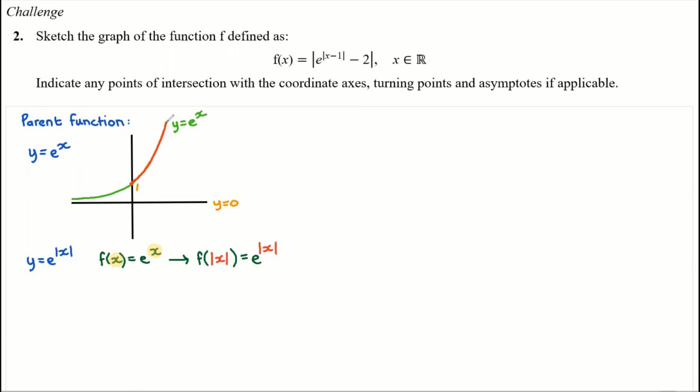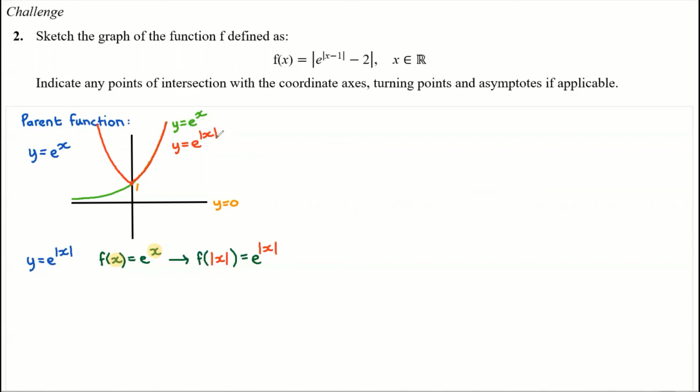But for the negative x values, because the modulus is applied, we have the reflection in the line y equals x. So the red graph would be y is equal to e to the modulus of x. And again, it's quite a simple function, which comes to a point, an apex, at the point (0, 1). So I'm going to use that as my basis, my parent function.